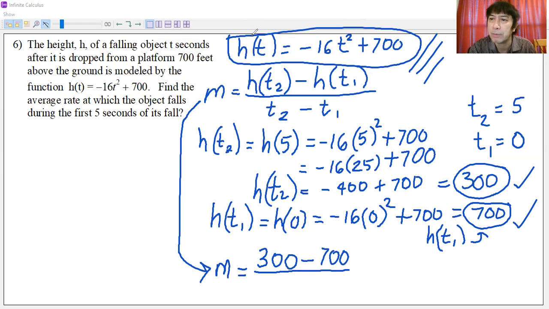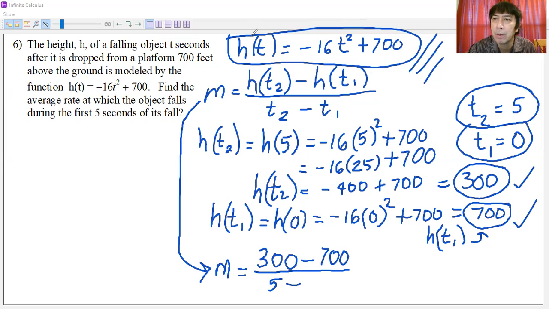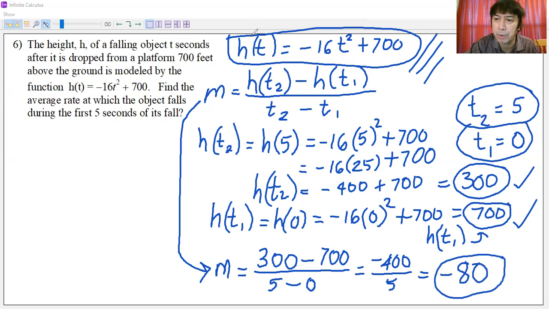Our T2 is 5, minus our T1, which is 0. So this is negative 400 over 5. That is negative 80. That should be our average rate of change.